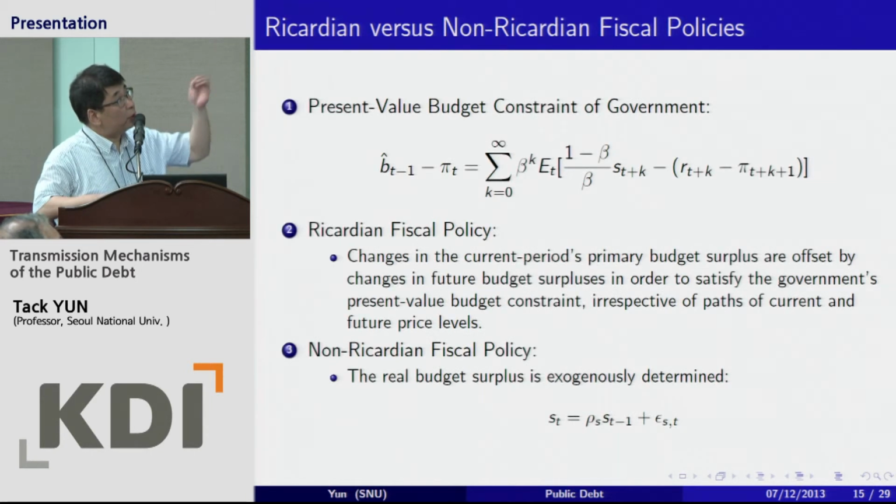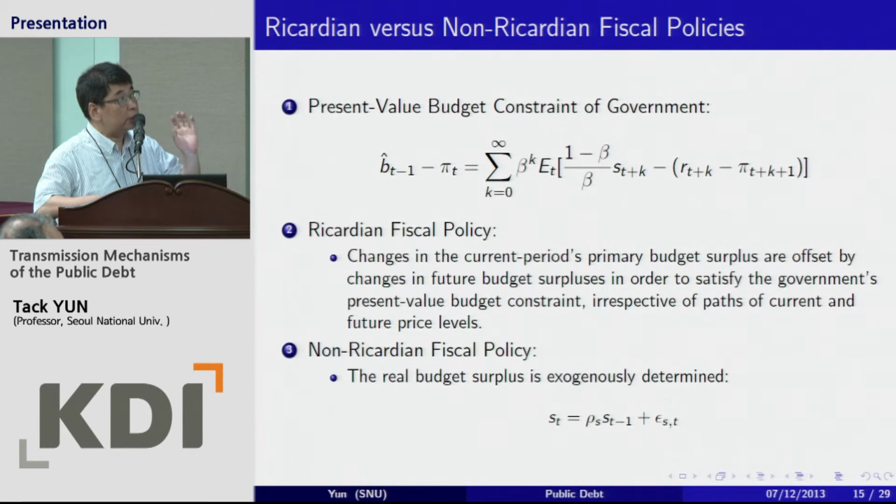So the first one here, what I try to say is what would be the distinction between Ricardian fiscal and the non-Ricardian fiscal policy. As you can see in the second point, Ricardian fiscal policy is just the changes in the current period's primary deficit or surplus are offset by the changes in future budget surplus in order to satisfy the government's present budget constraint, irrespective of past, current, and future price levels.